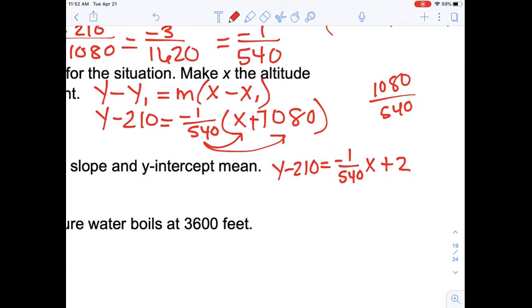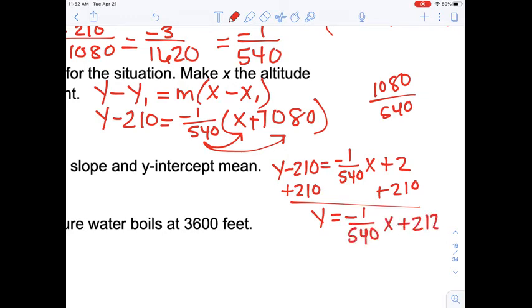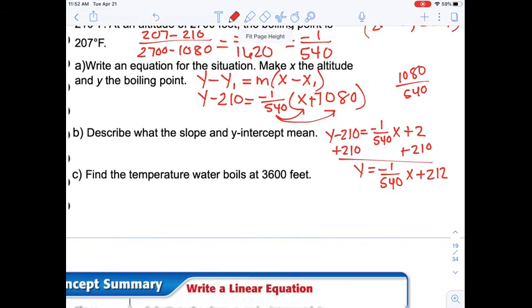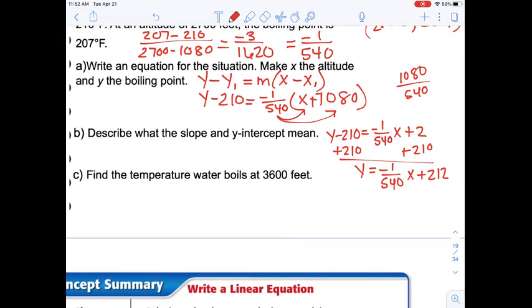So we have plus 2. Then from there, I'm going to add 210 to both sides. And I get y equals -1 over 540x plus 212. So here's my equation. It says describe what the slope and y-intercept mean.